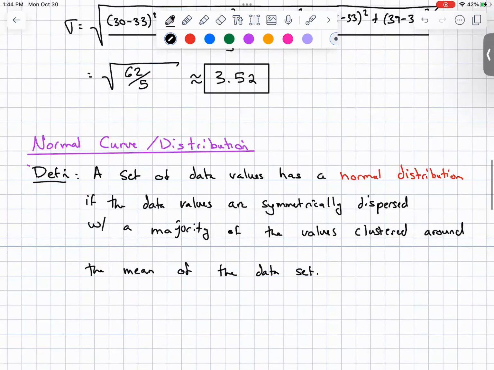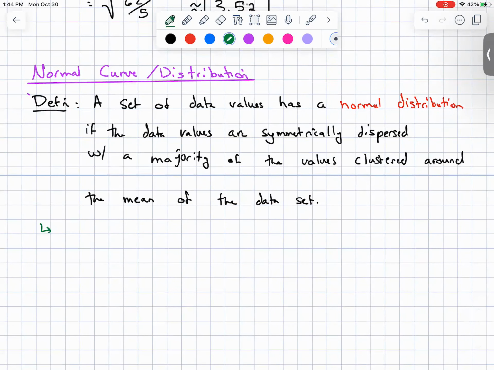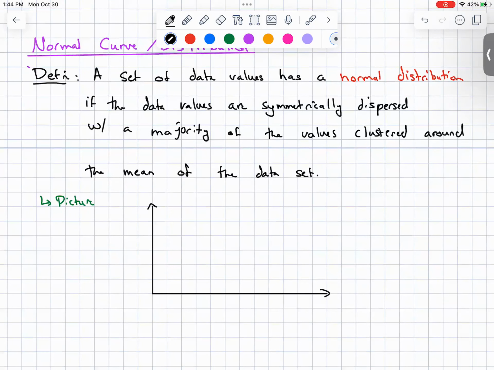So in a picture, which is worth 1,000 words, you have this graph. On the x-axis, the horizontal axis, you have the data value measurements, and on the vertical axis, the y-axis, you have the frequency. As a reminder, the frequency is the number of times the data value occurs.